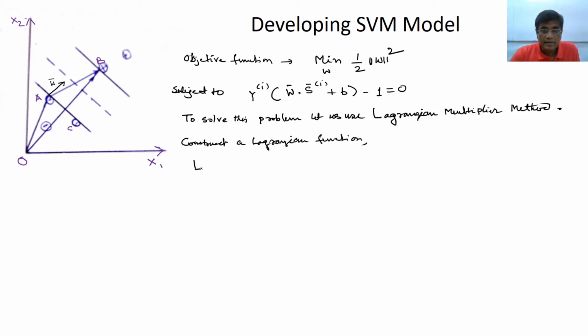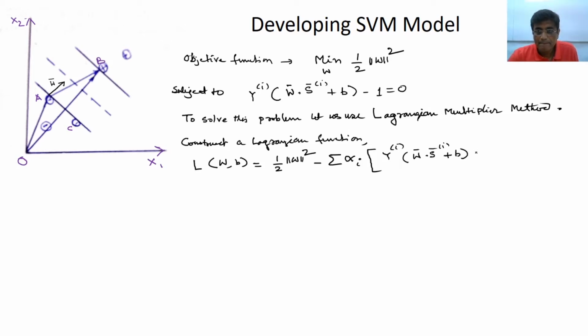Say L, which is a function of my parameters, equals my objective function, minus alpha i times yi (W x plus b) minus 1.